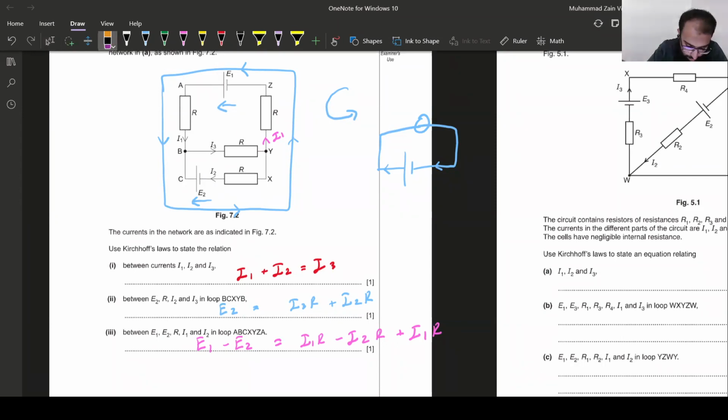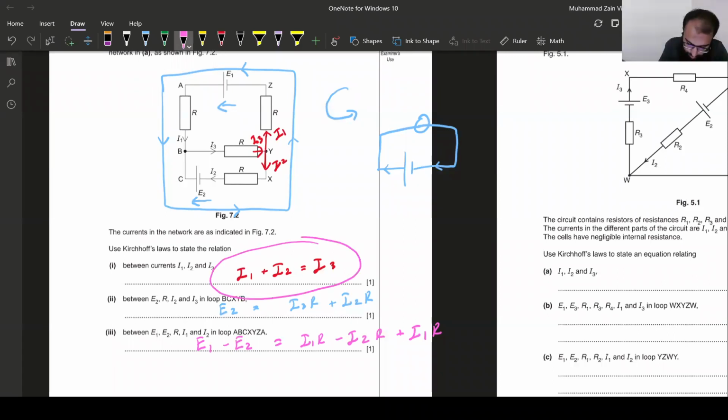If you just apply the sign convention, this is I2, this is I3, and this is obviously supposed to be I1. I just know this from this relationship.